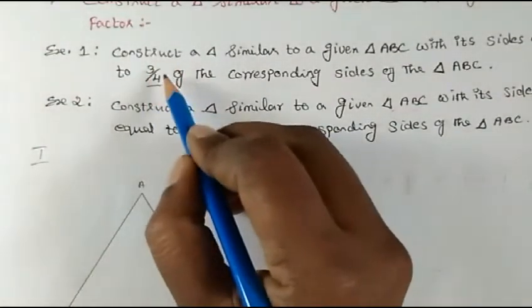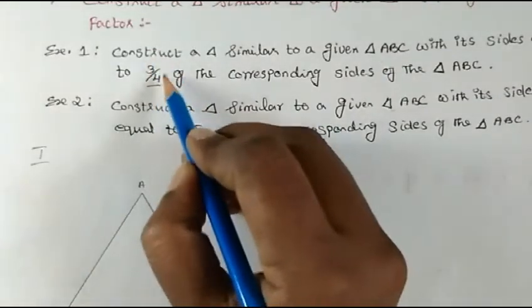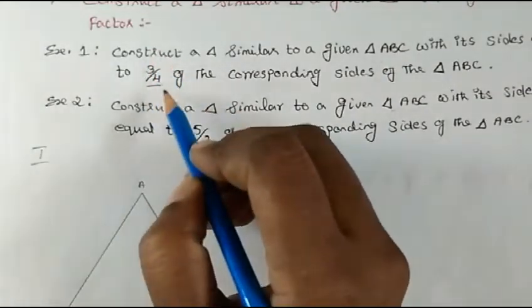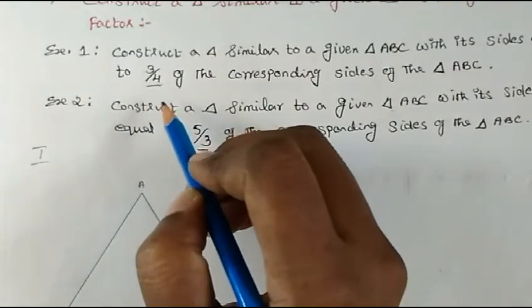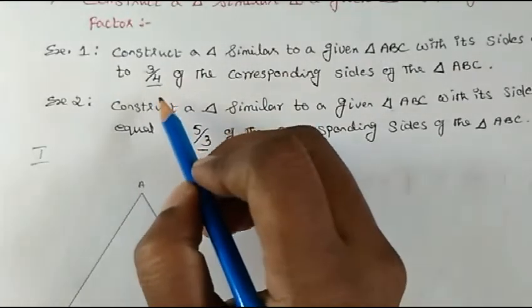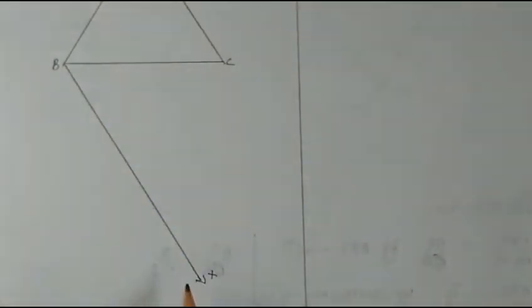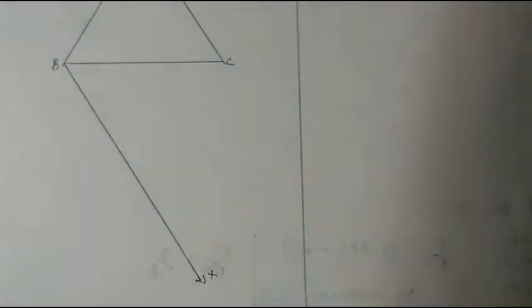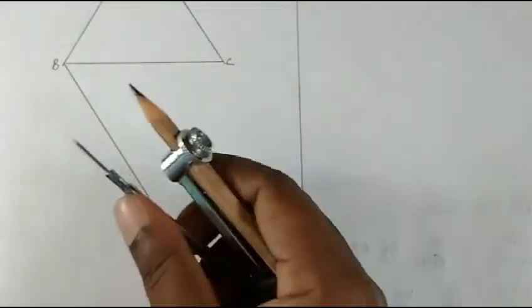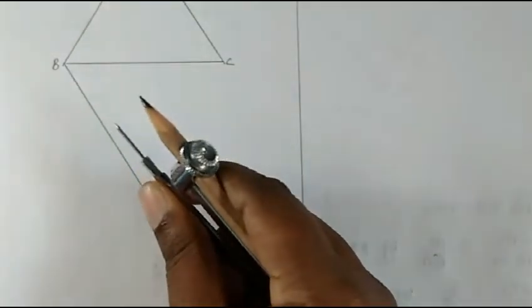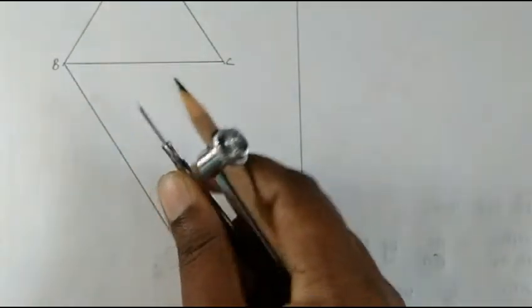This is 3 upon 4. Which is the biggest number here? The biggest number is 4, therefore we have to divide this line into 4 parts. Take your compass, any measurement you can take, and divide into 4 parts.